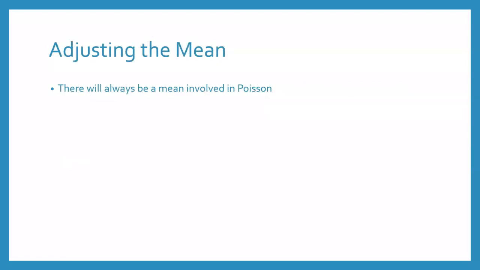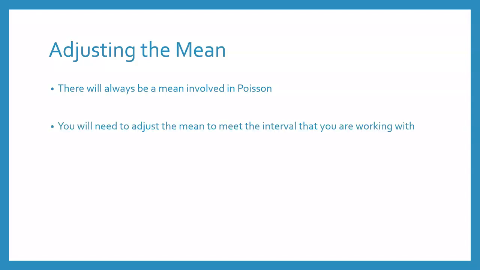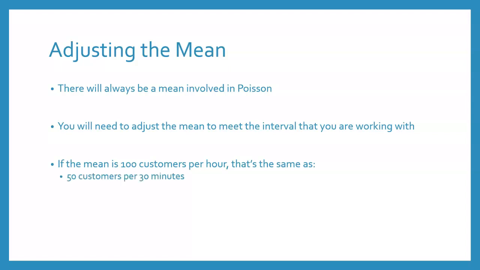Now, sometimes we have to adjust the mean. You'll have to adjust the mean for it to correspond with the interval that you're working with. So basing it off that example of 100 customers per hour, what if we wanted to find the probability that 20 customers arrive in half an hour? We would then have to change the mean.